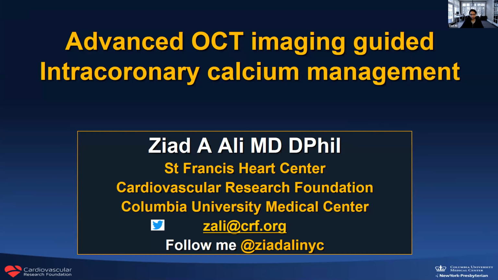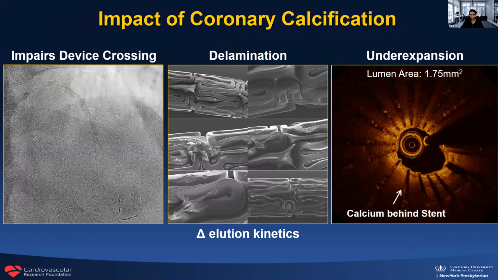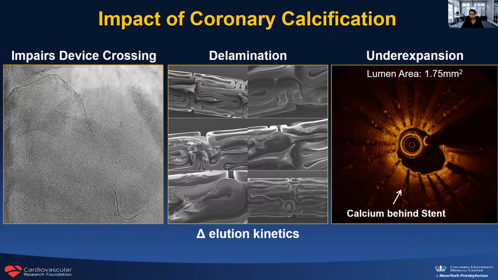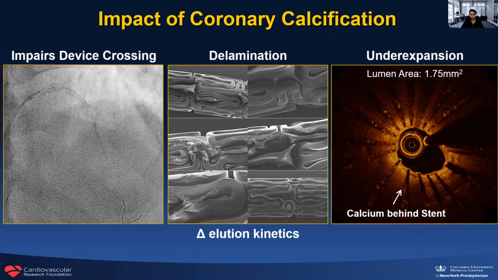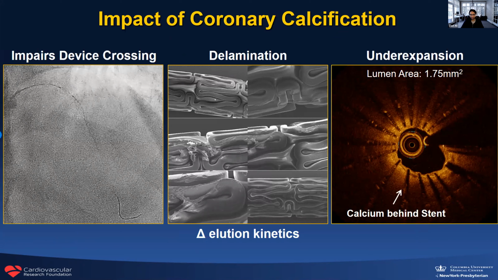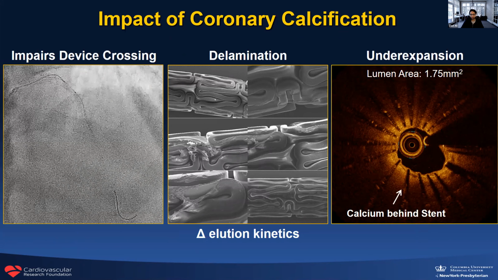So what I'm going to talk to you about today is advanced OCT imaging guided intracoronary calcium management. This is past the basics of just seeing and identifying calcium. It's a little bit more detailed for those of you who want to integrate this into your practice. The first thing to understand is, why do we even care about this? Well, severe calcification definitely impacts device crossing.